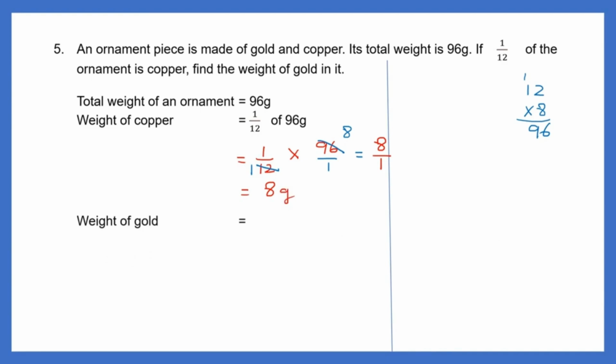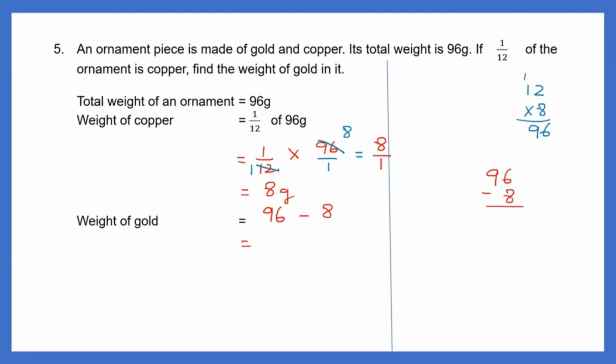Now we need to find the weight of gold. So we know the total weight, which is 96, and we know the weight of copper, which is 8. If we minus these two, we will find the weight of gold. So 96 minus 8.